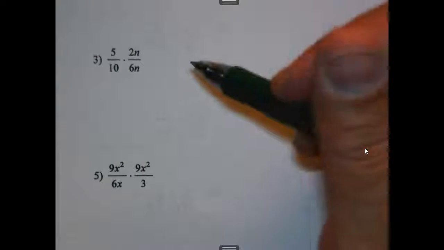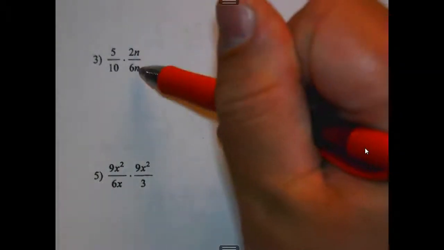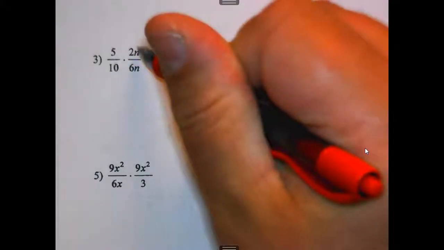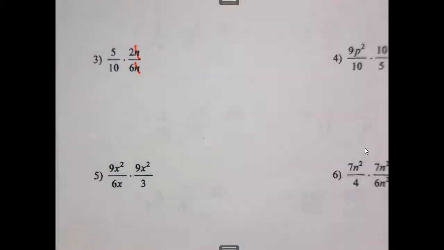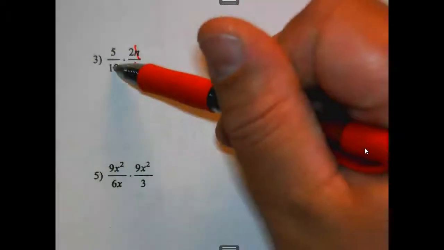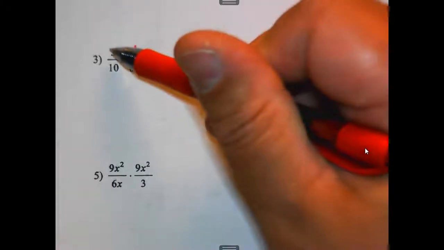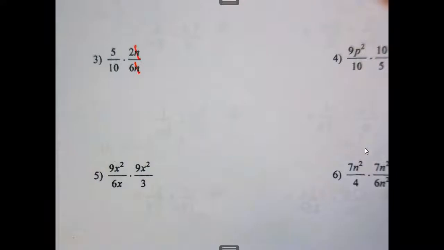All right, let's look at number 3. Let's see. I only have one factor of n in both, so they're going to cancel out. I got a choice here. I could either take the 2, divide it into 10, or I could take the 2, divide it into 6. So 5 goes into 10. I think I'm going to do 2 into 6.